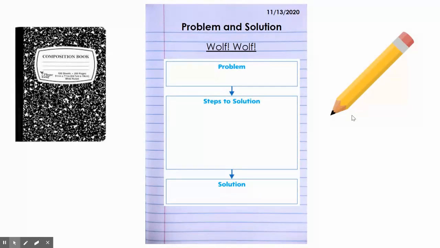At the top, write today's date, November 13th, 2020, and title this page Problem and Solution. Underneath the title, you will also write the title of this book, which is Wolf Wolf.